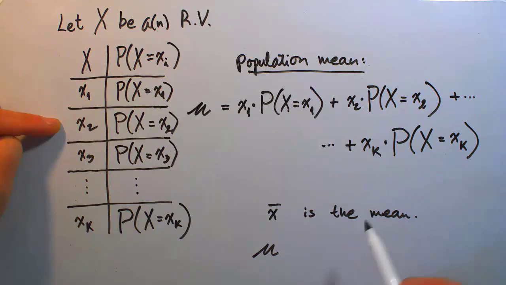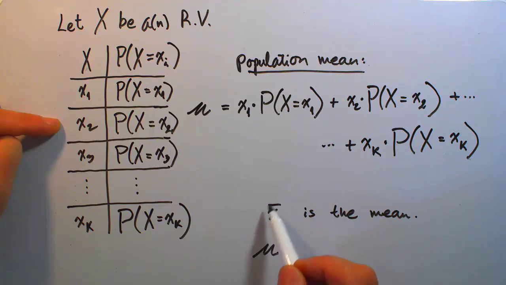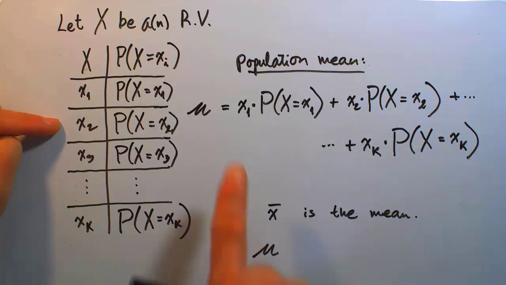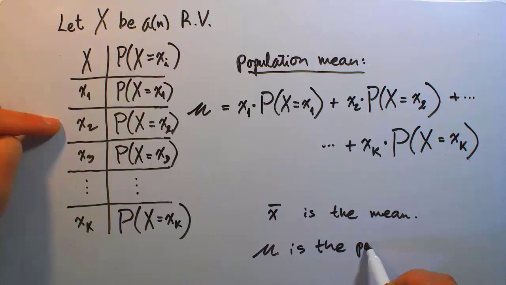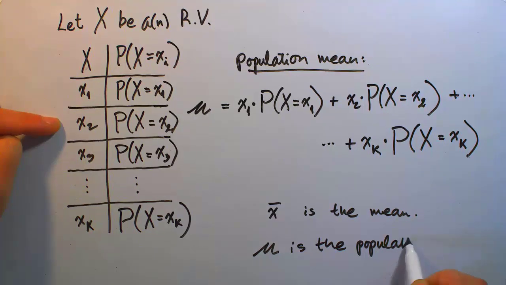I will come back to explain the difference between X bar and mu. But for now, anytime we are calculating population mean, we must be using the mu symbol. So mu is the symbol for population mean value.